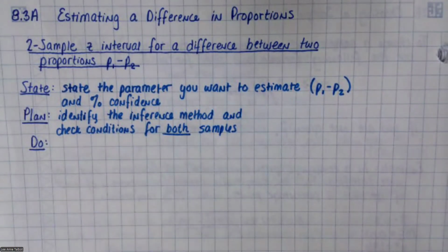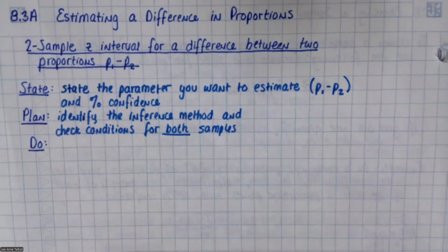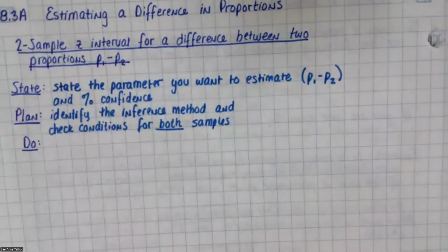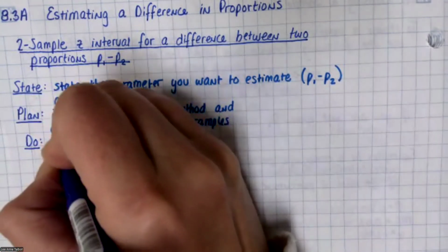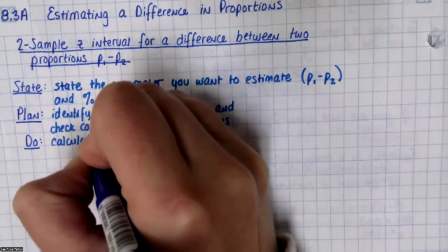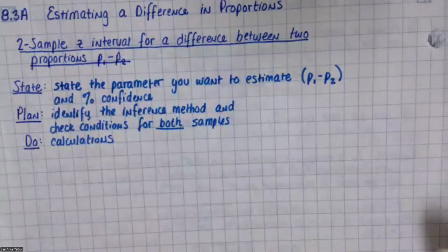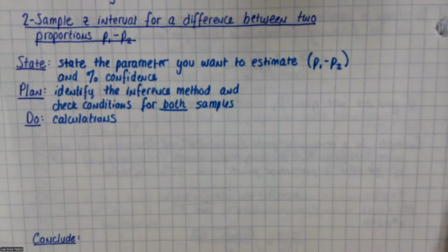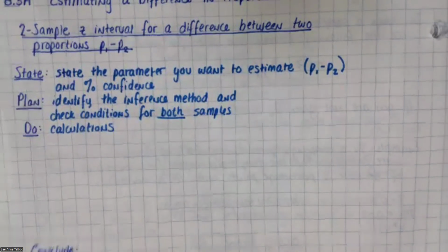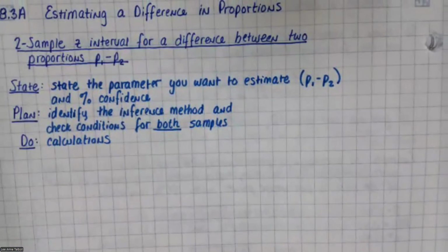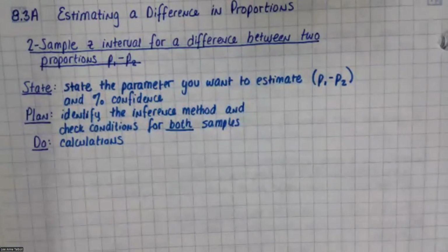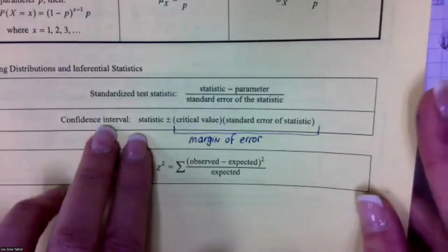Okay, now can you pause and get your yellow sheet out, please? Okay, the do step is going to be calculations. What are we doing in this chapter? What's the title of the chapter? Yes, confidence intervals. Okay, so you look at the confidence interval thing right here.